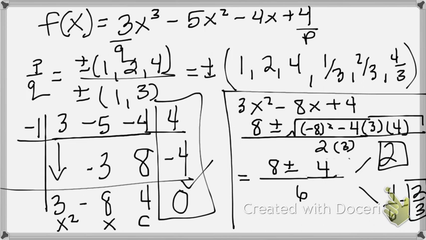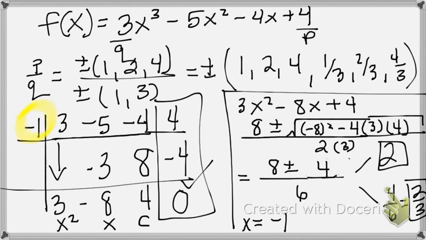So now we have to put it all together. All together, you're going to look at a solution as follows. Our solutions: x is equal to -1. How did I find that?